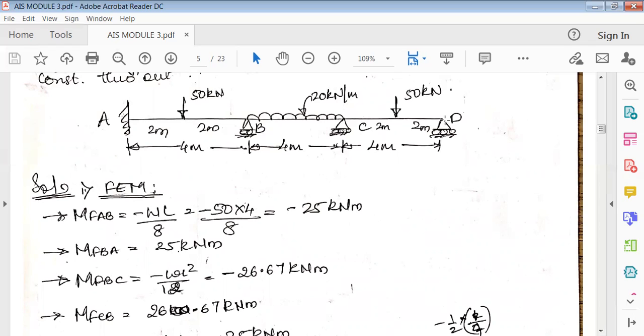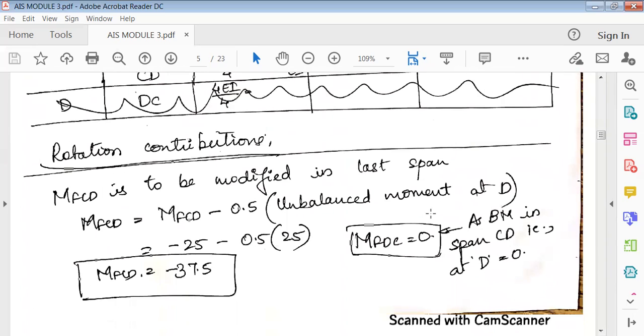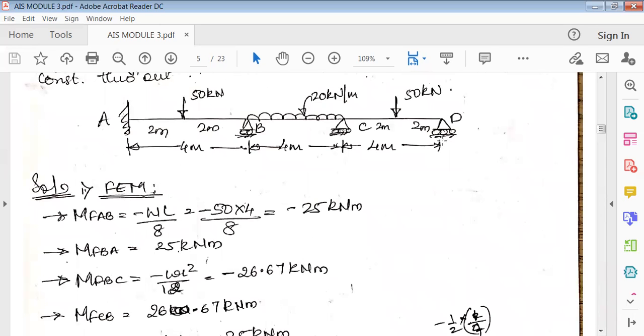Wherever there was a simple support or roller support, those moments should be removed, and the moment at that particular joint should be made equal to 0. The same thing should be done here also. So we have to modify the CD span, because D is the joint where there is a simple support. So you have to modify the moments in this joint.